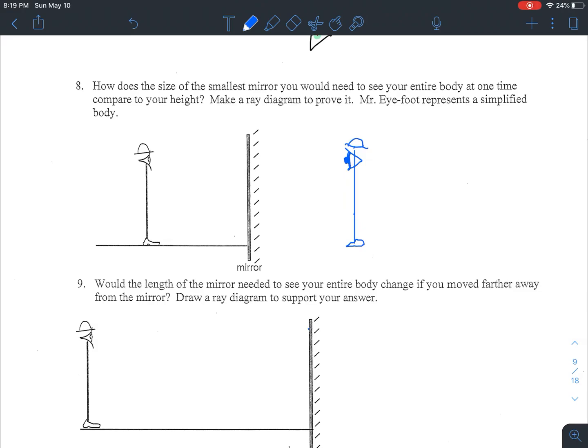So, one way, like we mentioned before, if you want to look at your hat in the mirror, you will look at the image of the hat. This is the part where it makes sense to imagine laser beams coming out of your eyeballs. If we had a laser beam come out of our eye and make a straight line to the top of the hat, that's the direction we would look, right?